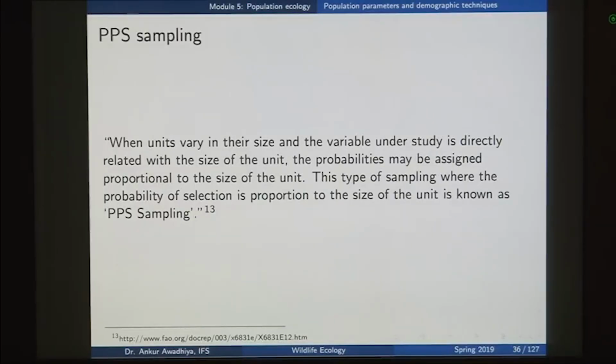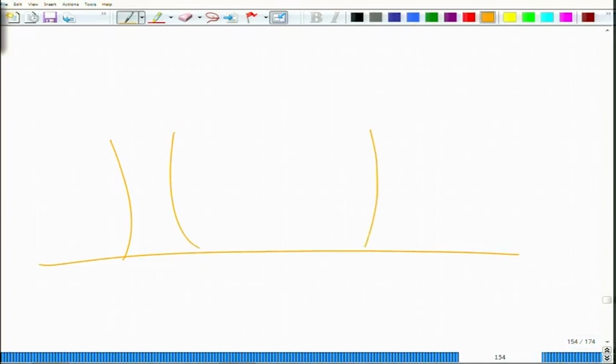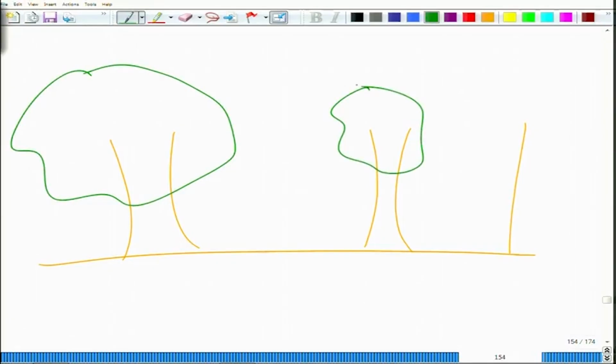So in this case, suppose we are asking this question: what is the amount of biomass that is available in a forest? So you have large size trees, medium size trees, and some very thin trees. You have this large size tree, this medium size tree, and a very small tree. Now if you did not include the largest tree, your estimate would become very wrong.